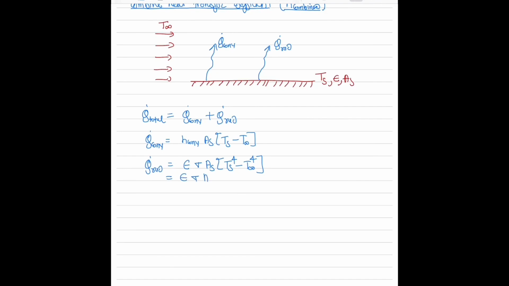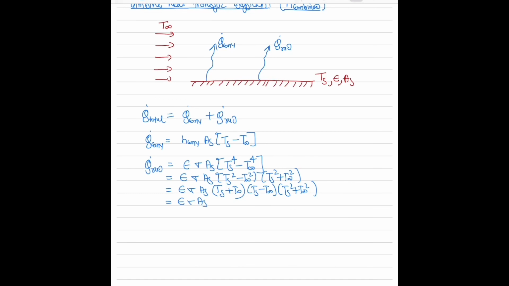On rearrangement, we can write epsilon sigma A as (T surface square minus T infinity square)(T surface square plus T infinity square), and on further rearrangement, (T surface plus T infinity)(T surface minus T infinity)(Ts square plus T infinity square).